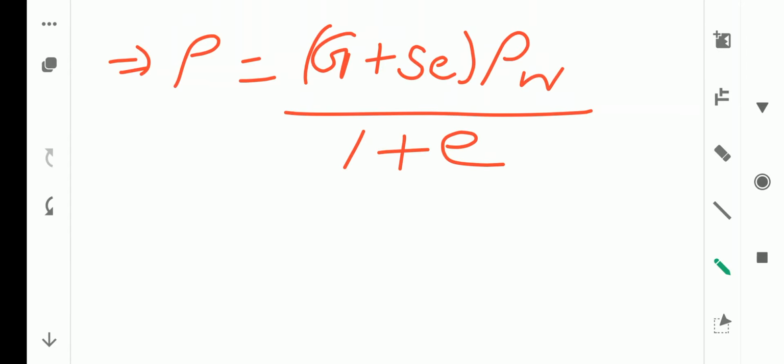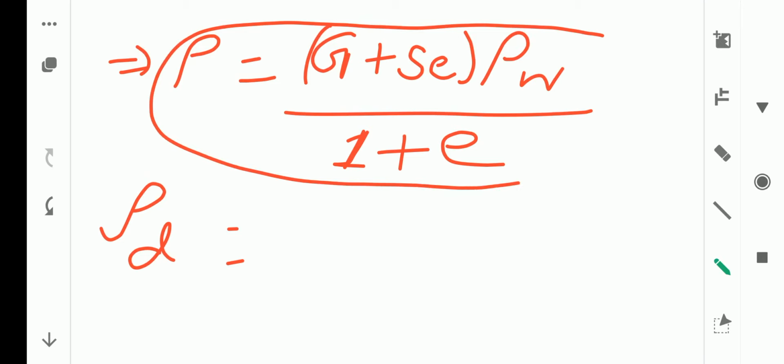Okay, there was another term, dry density. We know what is density, correct? Now we need to find what is dry density. Simply see this equation. In this equation it is bulk mass density. From here we can find dry density.